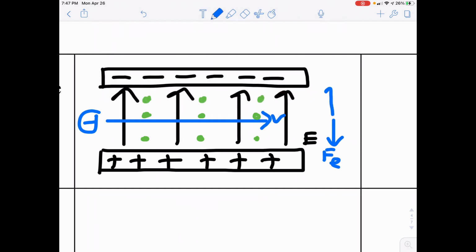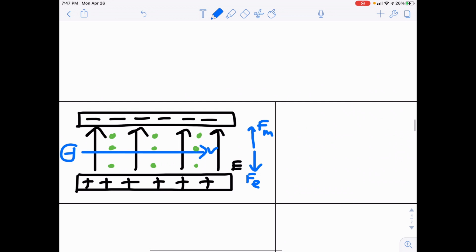Therefore, your magnetic force going up balances your electric force going down. Magnetic force from the magnetic field balances the electric force from the electric field. It's important to note that in order to accomplish this, the magnetic field and the electric field must be perpendicular to each other.